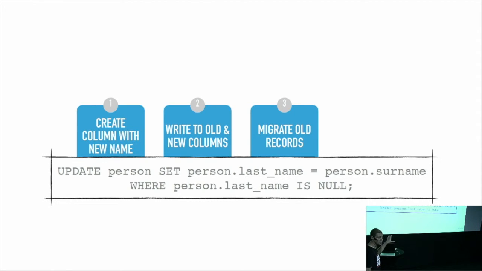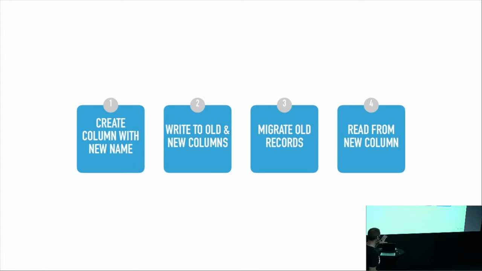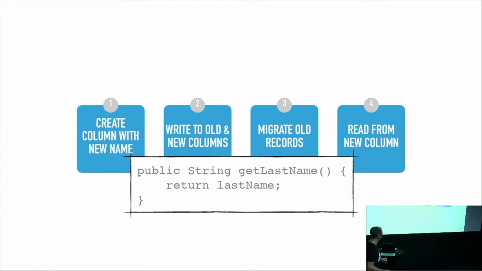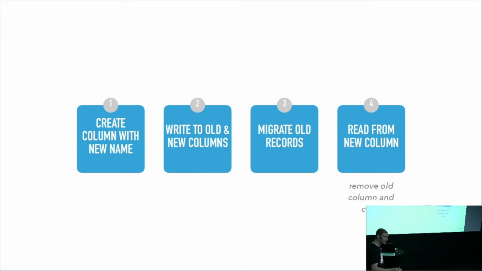And at this point, when this is done, last name has been filled, and now we can start reading from that column. So instead of falling back to surname when last name is not set, we know that last name is now filled. And we're done. Well, not completely.